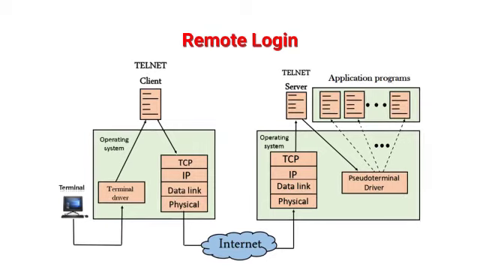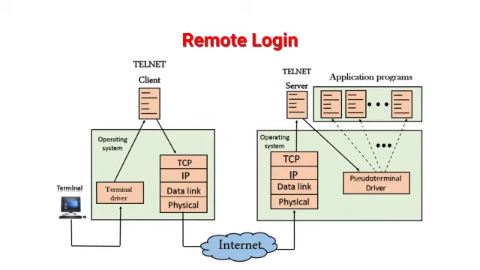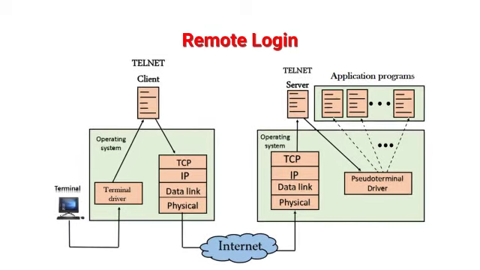Therefore, it requires some piece of software that can accept the characters from the Telnet server. The operating system then passes these characters to the appropriate application program. So this is a typical example of a Telnet client and a Telnet server and how a remote login takes place.